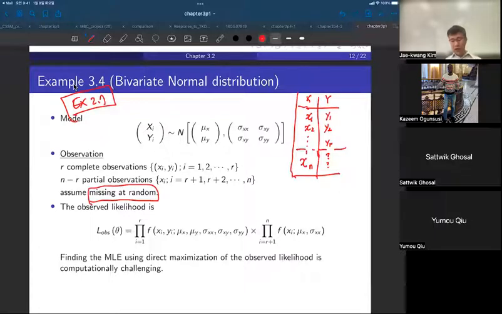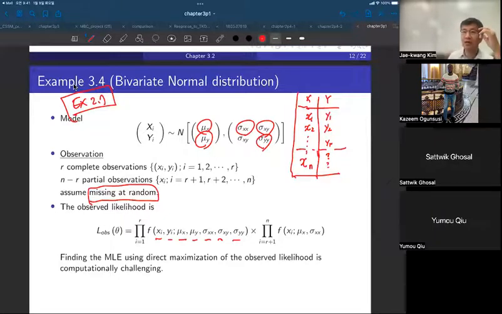So the response mechanism may depend on X, but not on Y. In this case, for the likelihood function, we have 5 parameters, right? Mu x, mu y, sigma xx, sigma xy, sigma yy. 1, 2, 3, 4, 5. So if we observe X and Y together, from i equal to 1 to r, we have 5 parameters. And then from r to n, we only observe X, so we have 2 parameters.